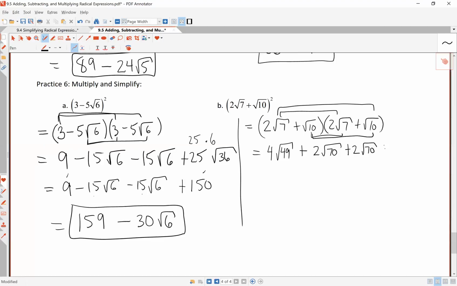And square root of 10 times square root of 10 is square root of 100. So this is going to give us 4 times 7 plus 2 square root of 70 plus 2 square root of 70, and this is going to give us 10. So we have the like terms 28 and 10, which is 38, and 2 root 70 plus 2 root 70 is 4 square root of 70.